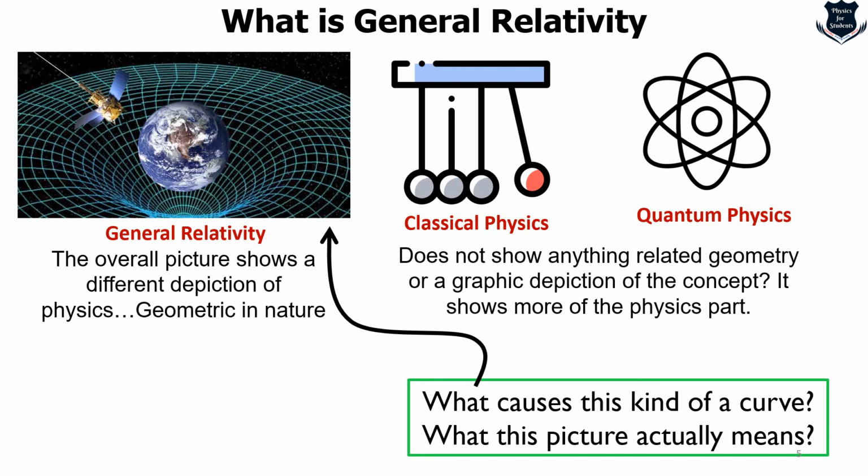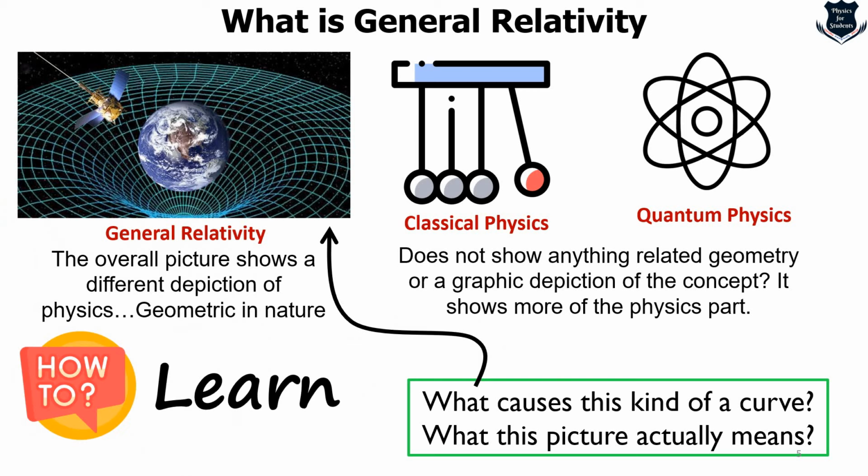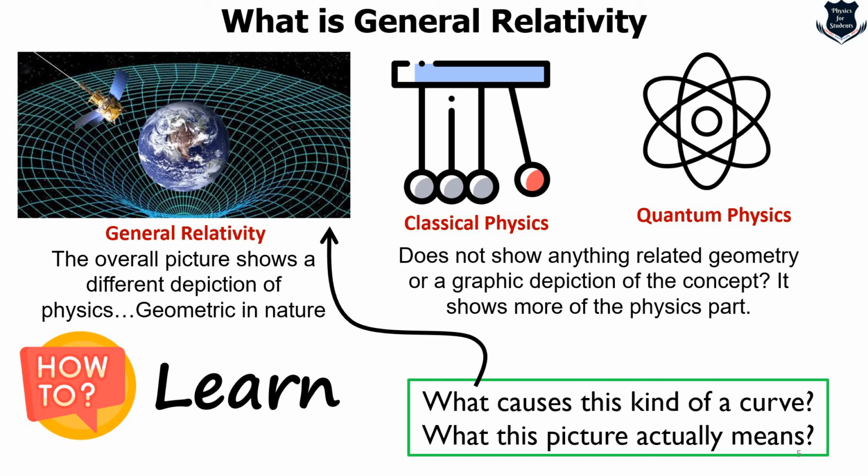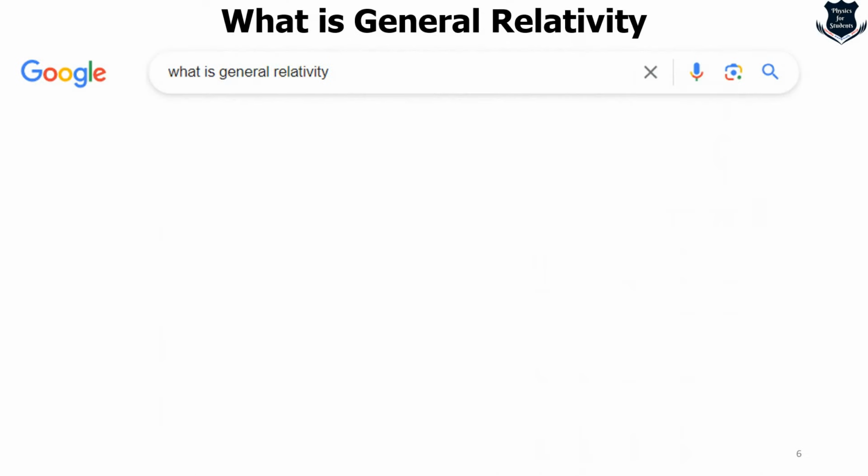Then we can understand what general relativity is, and this is the objective of our learning: how to learn. We are actually willing to learn the mathematics. The question is how to learn this type of grid, why it is causing a dent, how to measure that dent, what those grids are all about. So this is the overall picture showing a depiction of physics in geometric nature.